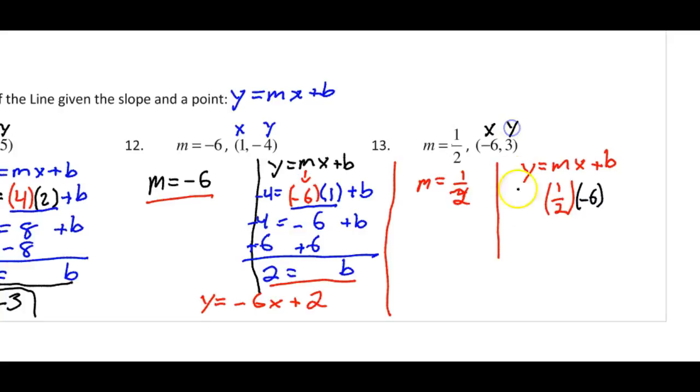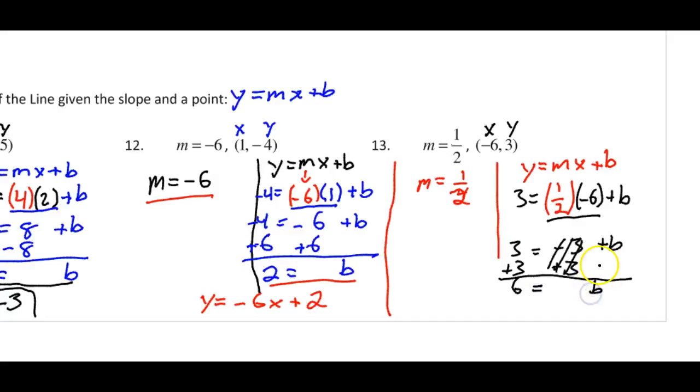And y is going to be +3. So I have half of -6, which is -3. And then add 3 to both sides. We get 6 equals b. So my equation is y equals 1/2 x plus 6.